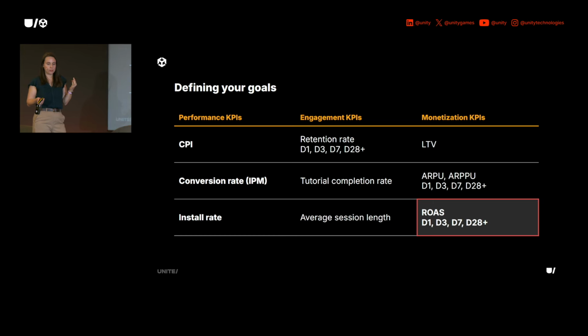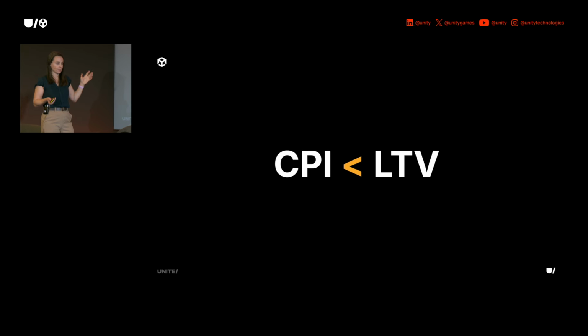The most simple formula to think about this, and again, obvious, but still making sure you know, is that you want to make sure that for your cost per install, CPI, you pay less for an install than that user makes you, right? By how much, by the way? That's going to be your margin. And it depends on the competitiveness of the other players who are also trying to promote their games, right? This is the most important piece, setting up your goal.